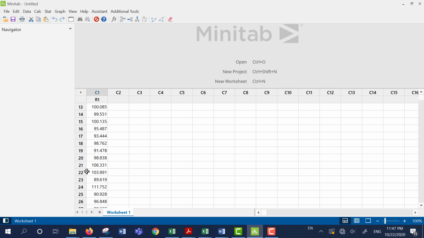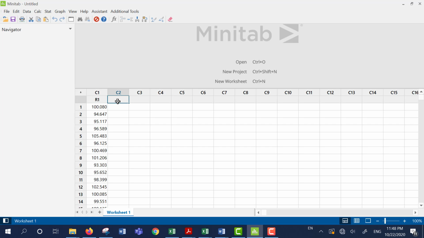So see, I have 10,000 values. They're all R1 values since it's a random variable. Every time I pick one, the resistances are different from each other. It's not exactly 100, but the center is 100. So I tried 10,000 times.